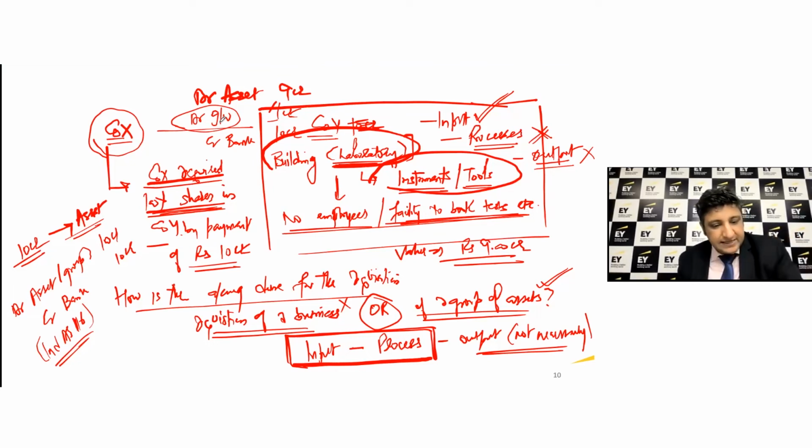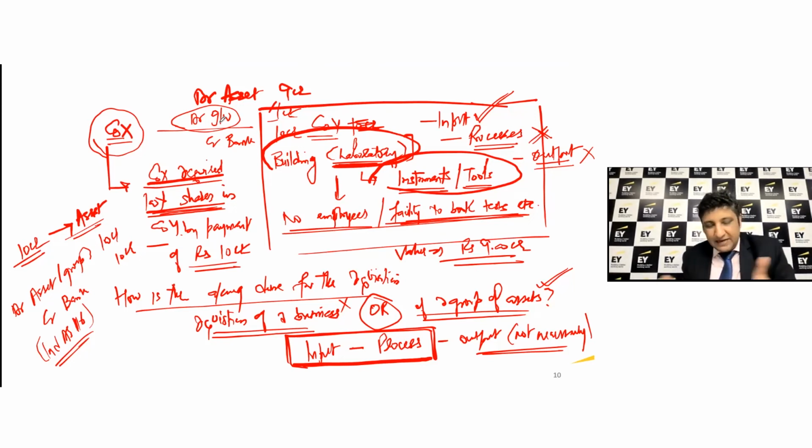The moment it is a business combination, the moment it's an acquisition of a business, Ind AS 103 is attracted. However, if it were an acquisition of an asset, very likely either Ind AS 16 would come in picture, or Ind AS 38, which is intangible assets, or Ind AS 40, which is investment property, will come into the accounting scenario.